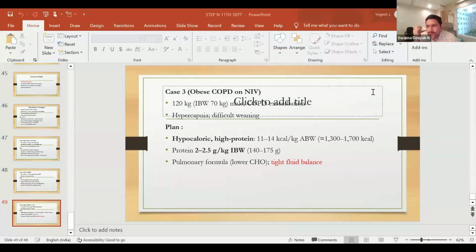Don't deprive them of the protein unless it is absolutely required. And these patients also evolve over a period of time. The requirement on the initial day will not be the same as in the convalescent period. So as long as you have this in mind, I think it should be good.